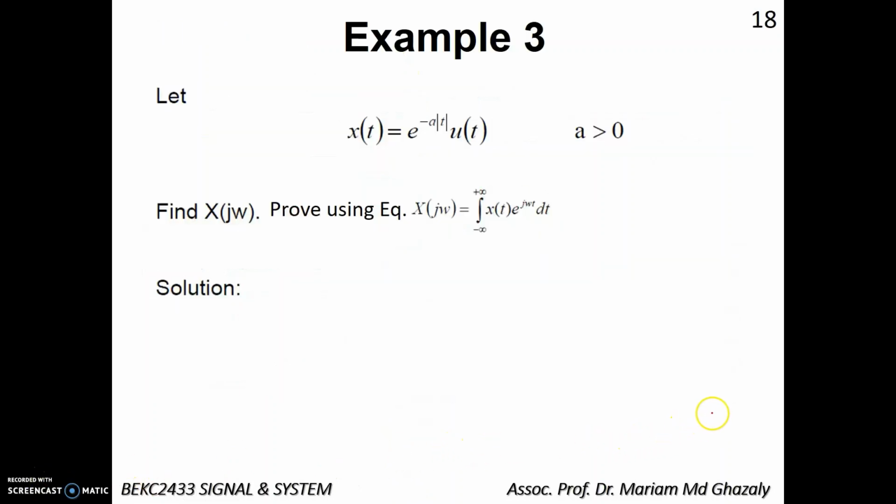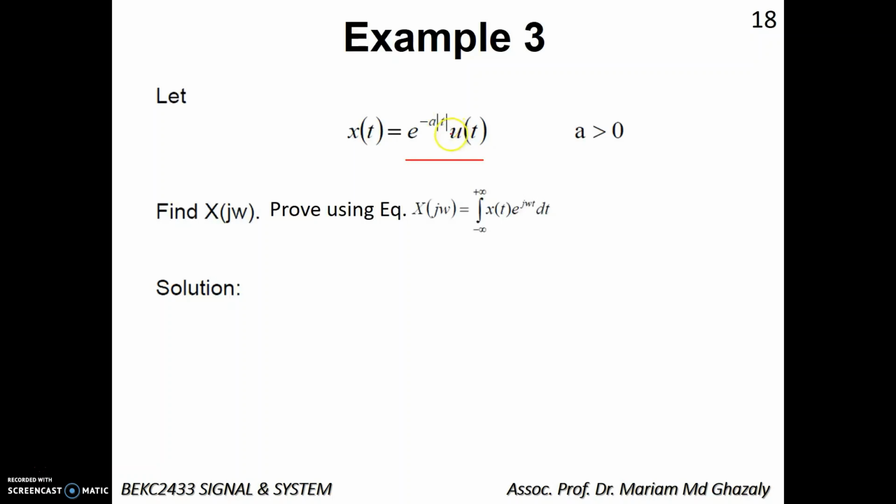Next we are going to go to example number 3. Example 3 is given by this equation: x(t) is equivalent to e^(-a|t|) for a more than 0. However, if you see here, the value for the exponent is given by |t|, which is the modulus value.